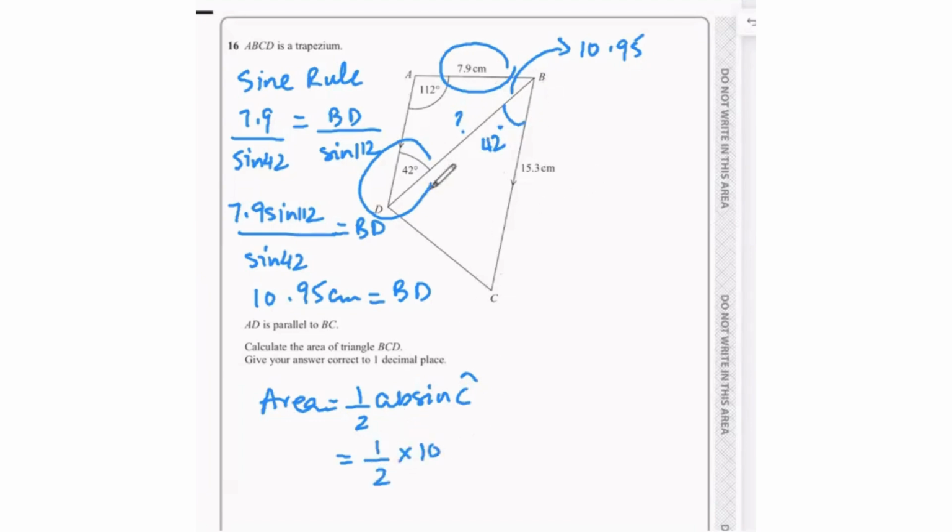We have two lengths, BD and BC, and the angle between them. So 10.95 times 15.3 times sine of 42 gives us 56.1 centimeters squared, correct to 1 decimal place.